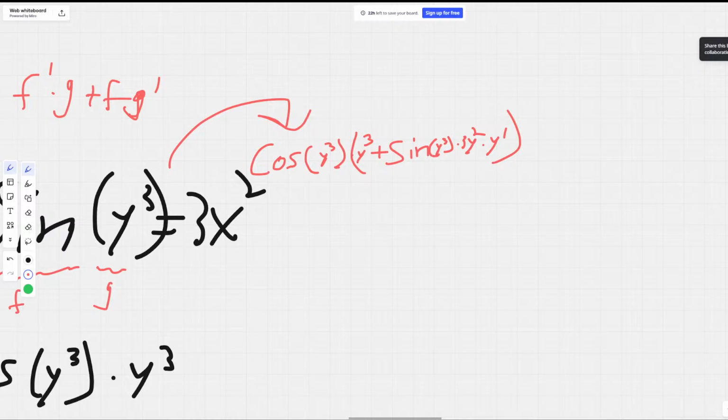I mean, this would be 3y squared sine y cubed y prime, y cubed plus 3y squared sine y cubed times y prime.